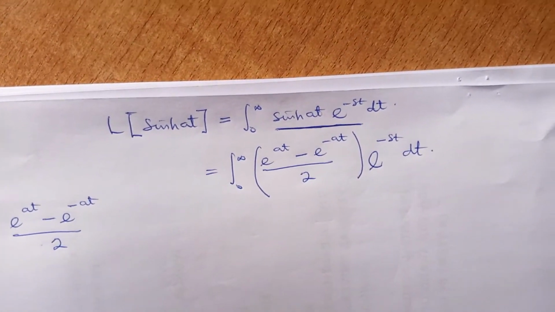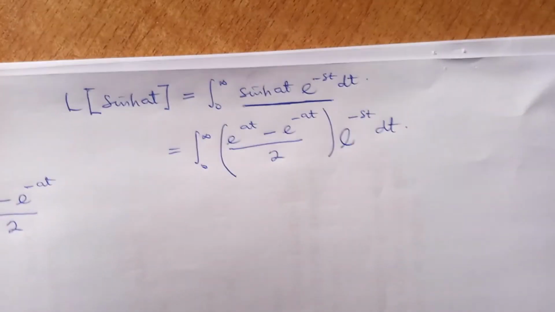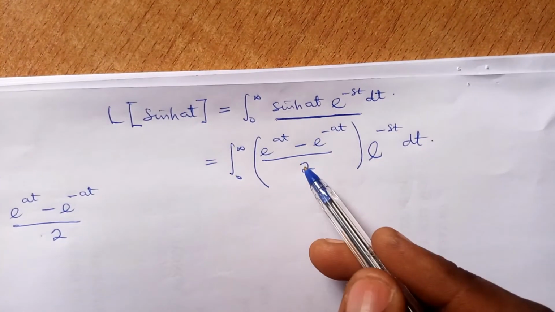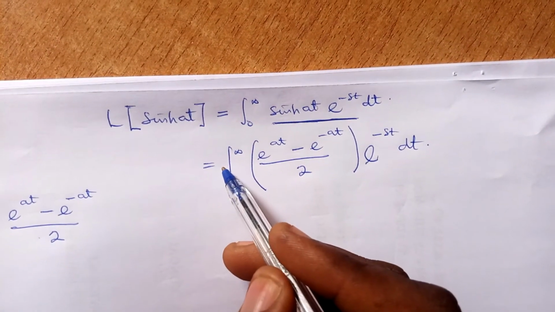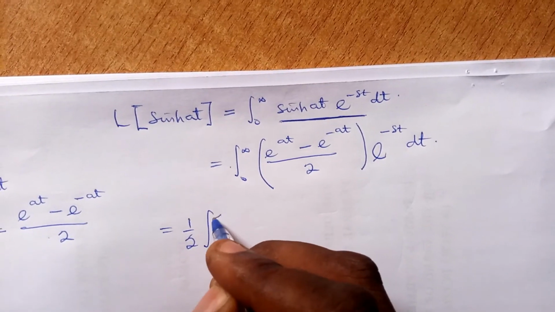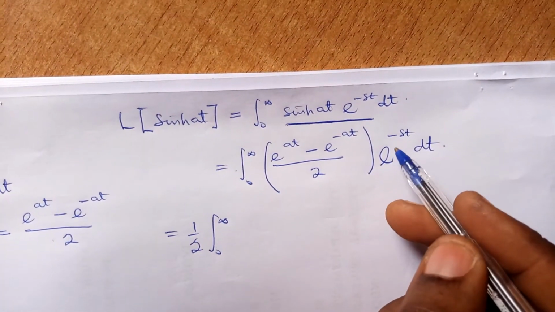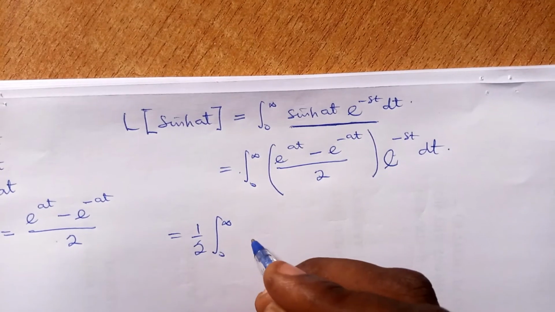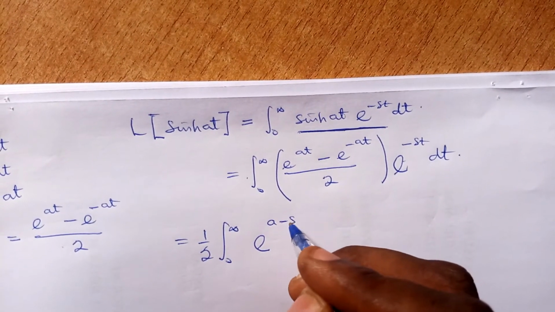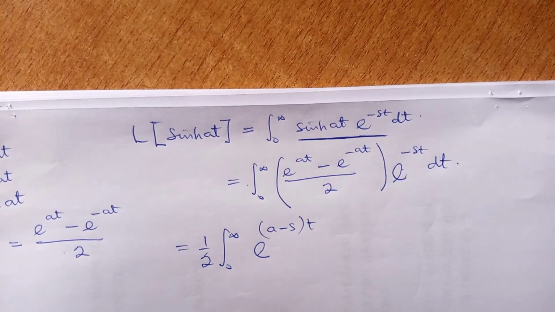Now, the next thing for me is to evaluate this. So how do I go about it? Let me expand. Then I can bring 1 over 2 outside, isn't it? So this will give me 1 over 2, 0 to infinity. Are we together? Then by the time you expand this and this, you have e^((a minus s)t).